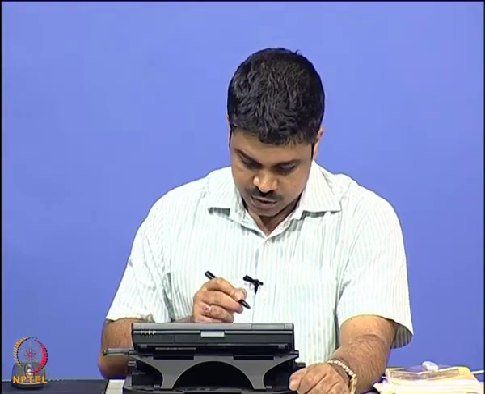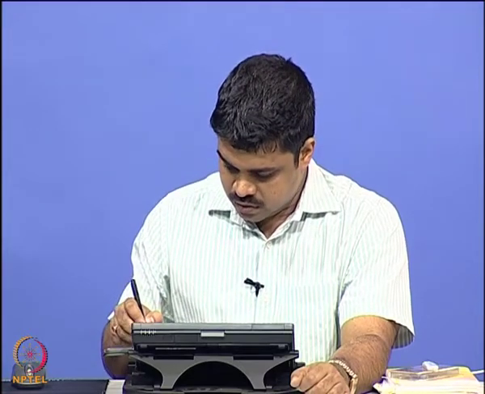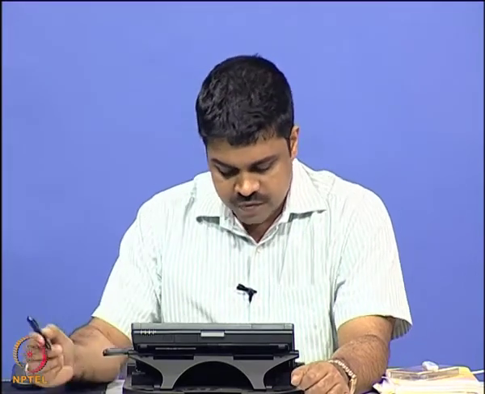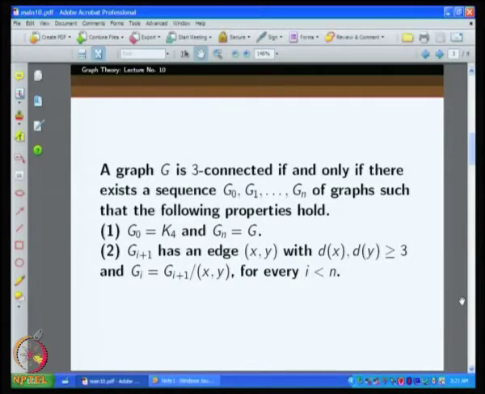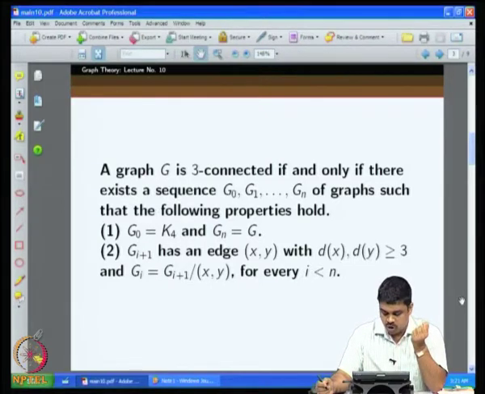Now how are we going to use this? So this is the main statement we want to prove finally using this. Graph G is 3 connected if and only if there exists a sequence G0, G1, ..., Gn of graphs such that the following properties hold.